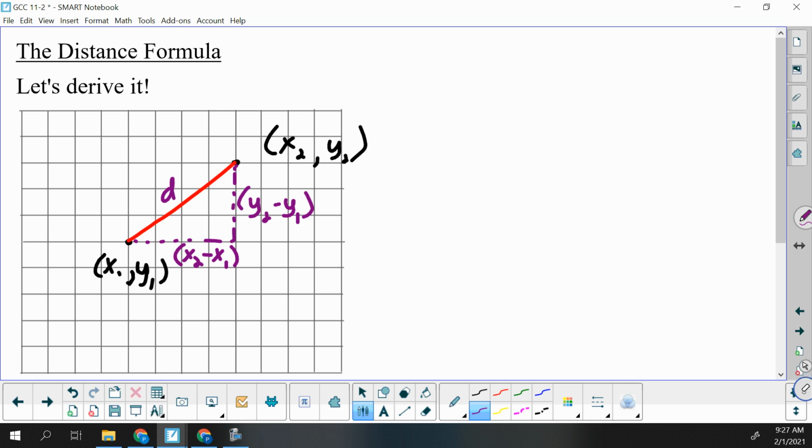And let's call this side d because that's what we're trying to find, the distance between them. So let's set up the Pythagorean theorem. We've got to do our one leg squared plus the other leg squared is equal to our hypotenuse, which we call d squared.